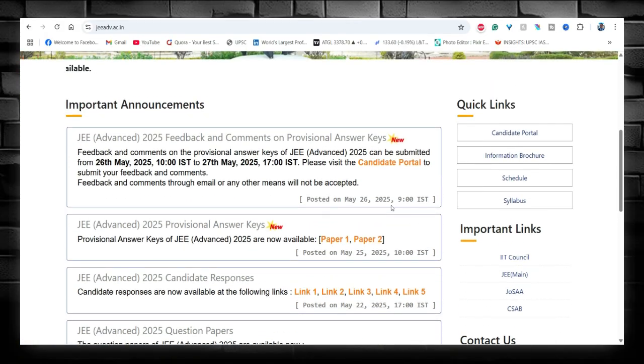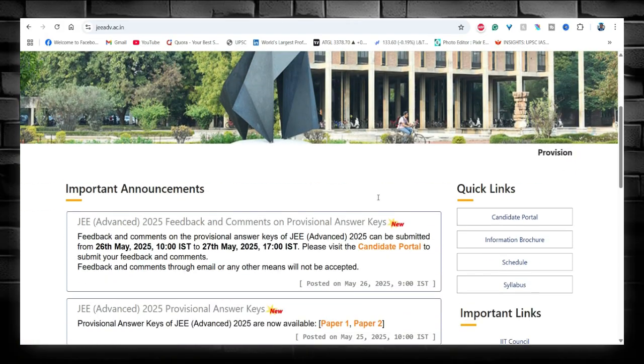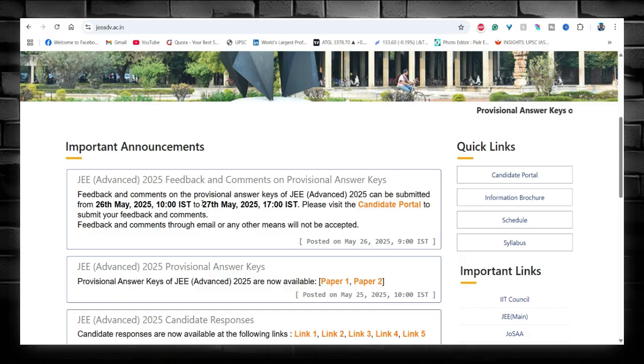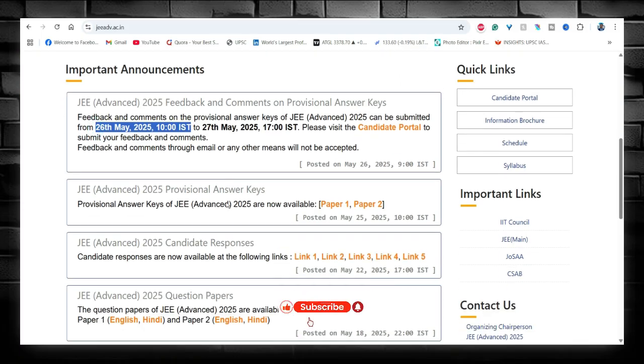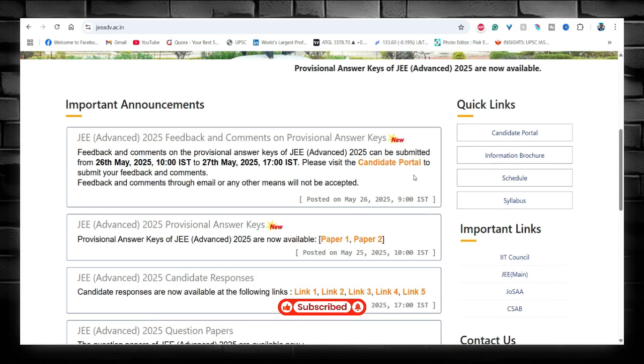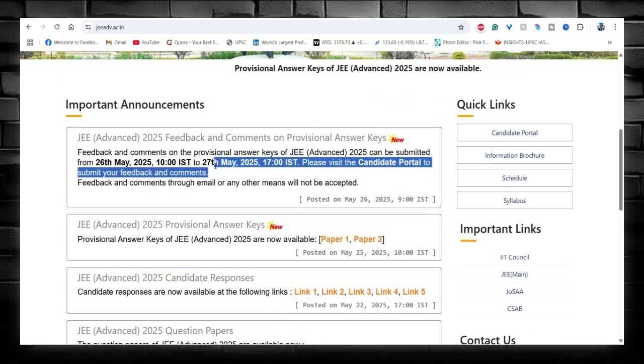The tip or recommendation would be: don't raise random objections, only challenge genuine errors with whatever proof you have so that you can protect your rank. Otherwise, some penalty might be there.